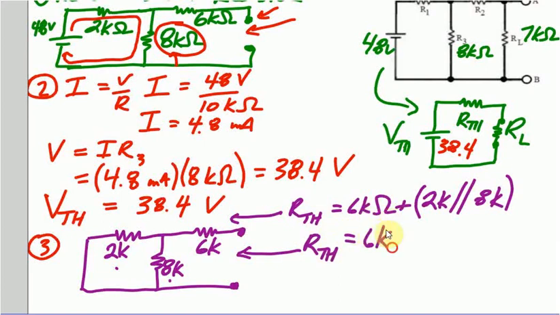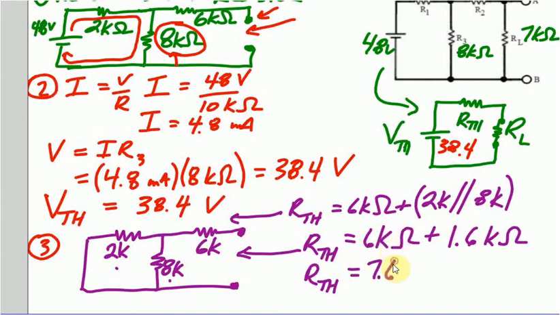So this is 6K ohm plus, figure out what those two things are in parallel. That's going to take a minute to do, and what you're going to find is it comes out to 1.6K ohms. So our Thevenin resistance is equal to, add those two together, 7.6K ohms. So that's what this is right up here. The Thevenin resistance, 7.6K ohm.